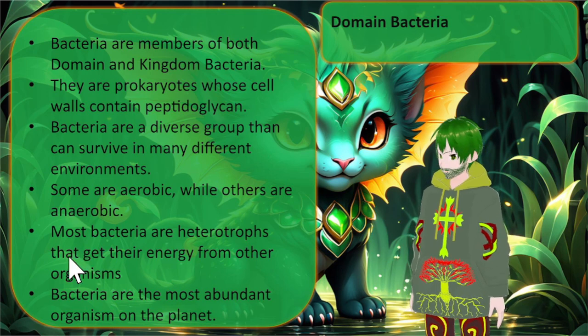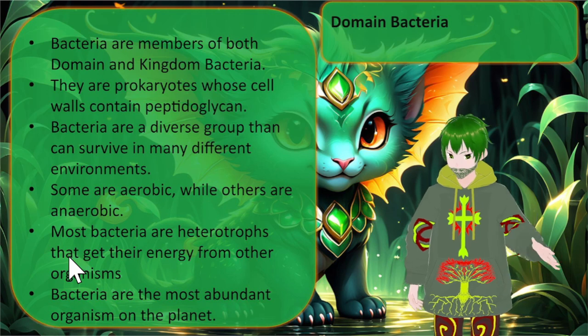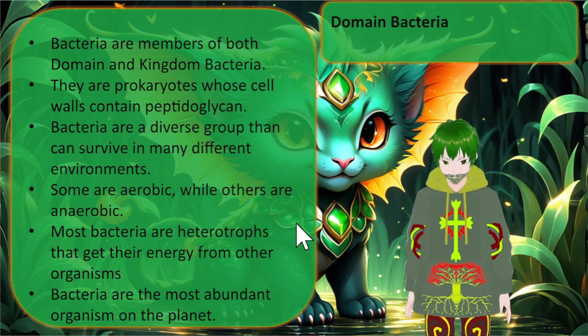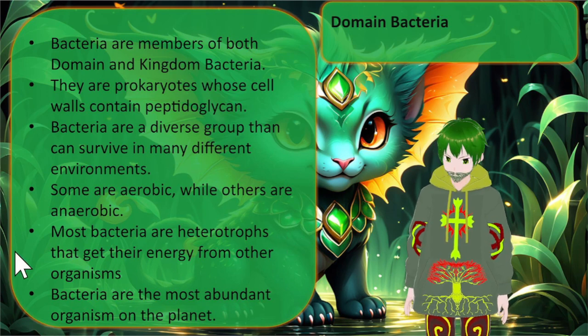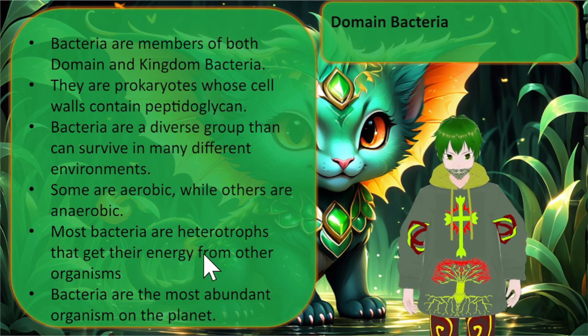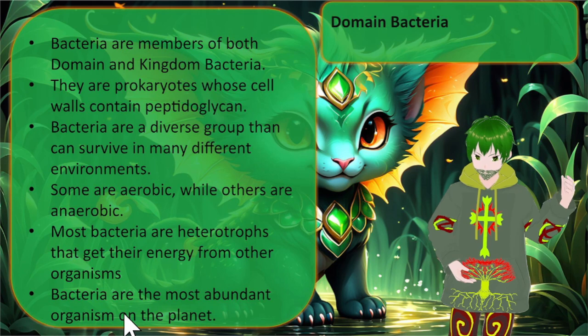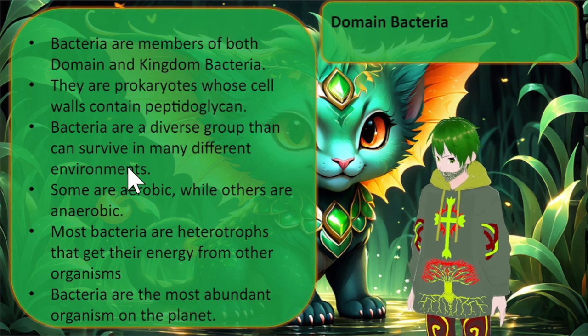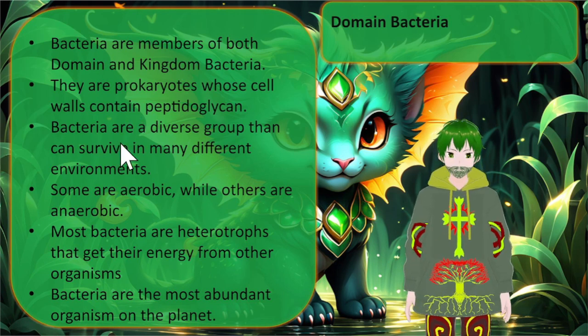Some are obligate anaerobes, meaning that they must have no oxygen to survive. Most bacteria are heterotrophs, meaning that they eat other things, but a couple of cyanobacterium are autotrophs. And bacteria are the most abundant organisms on the planet. They are basically everywhere, and everywhere humans go, they come with us.